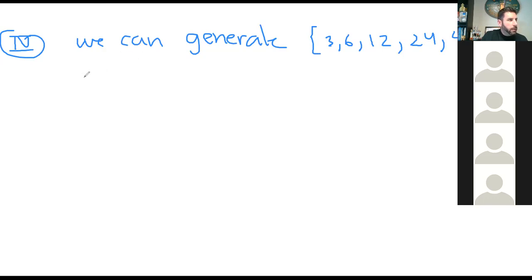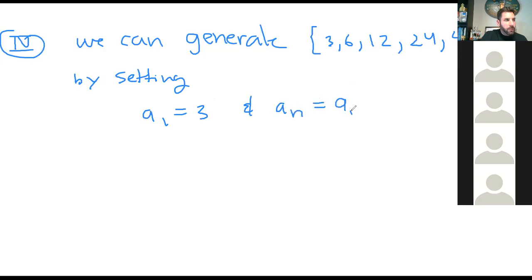We can generate this by setting A1 equal to 3, and then A sub n equal to the previous guy times 2.